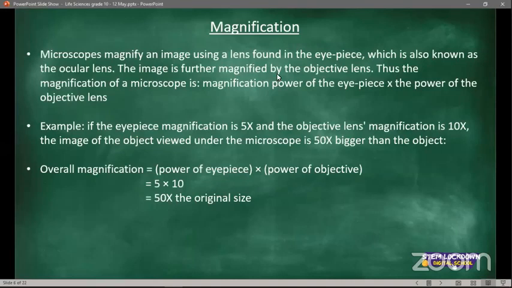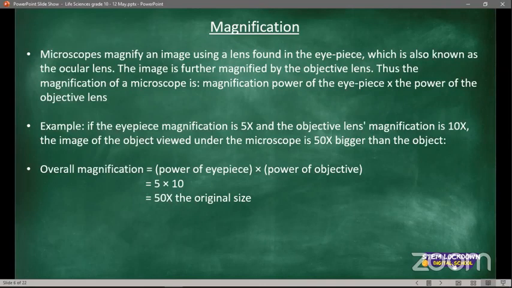So the ocular lens has the 5 times, the 10 times, or the 15 times lenses, and the objective lens has the 10 times or the 40 times and the other ones.